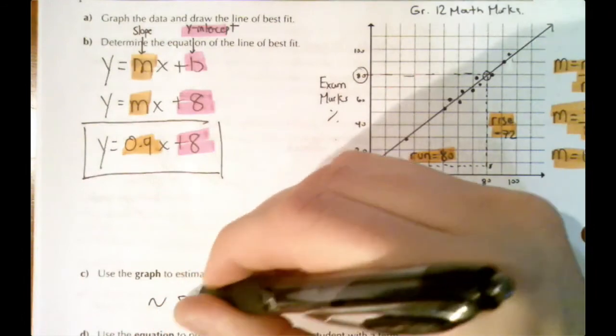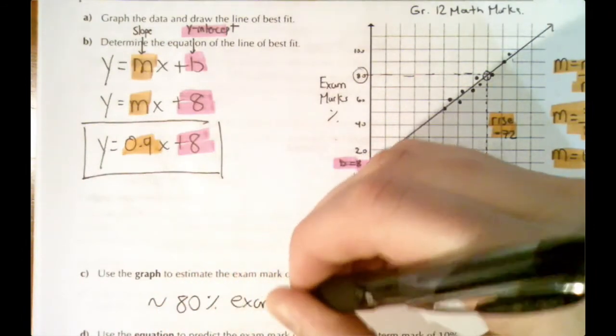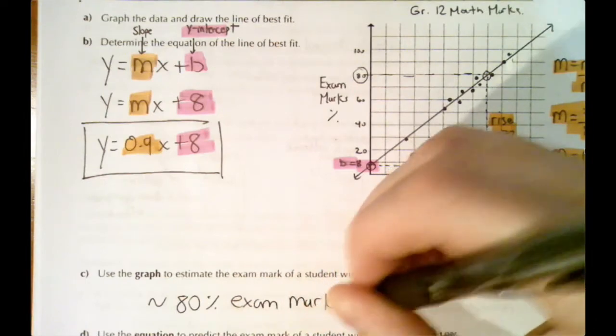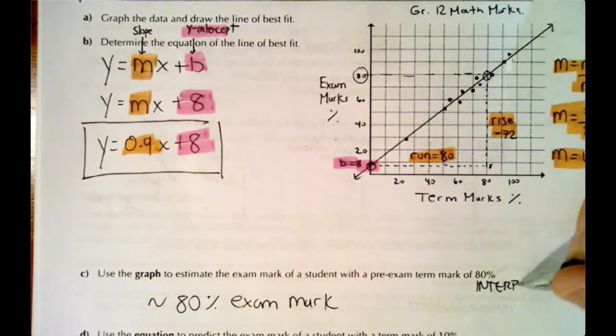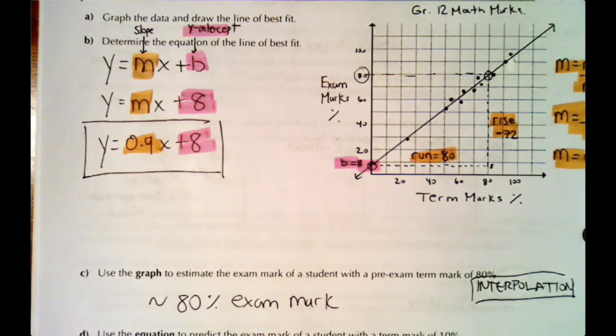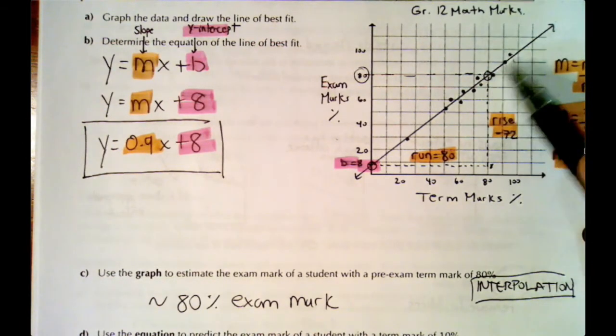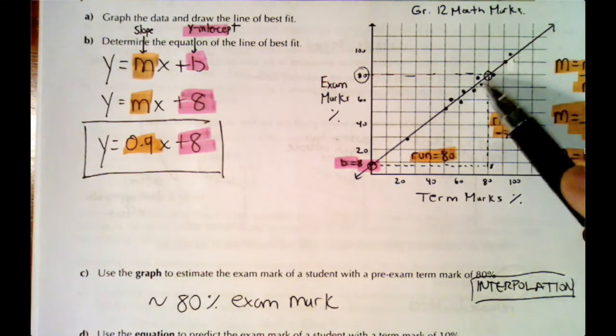So approximately 80% exam mark. And that's an example of interpolation. Didn't ask that, but it's important to note that. We made a prediction between dots. It wasn't past the person that got 95, it was between some dots.